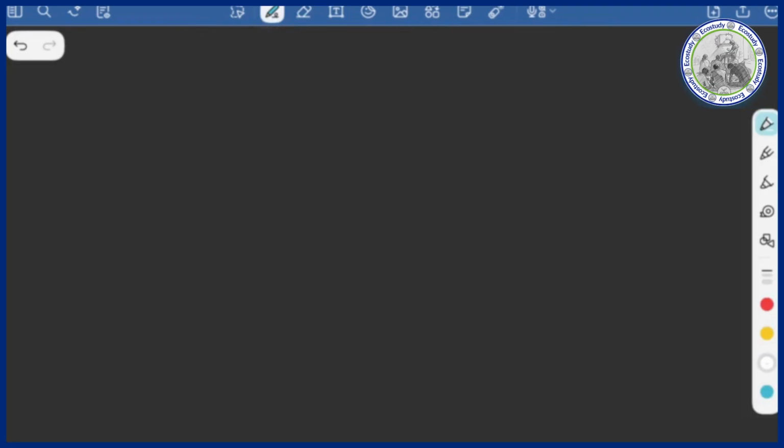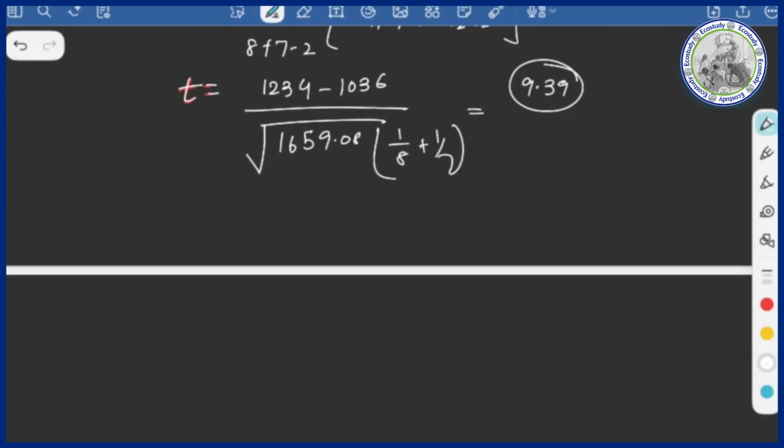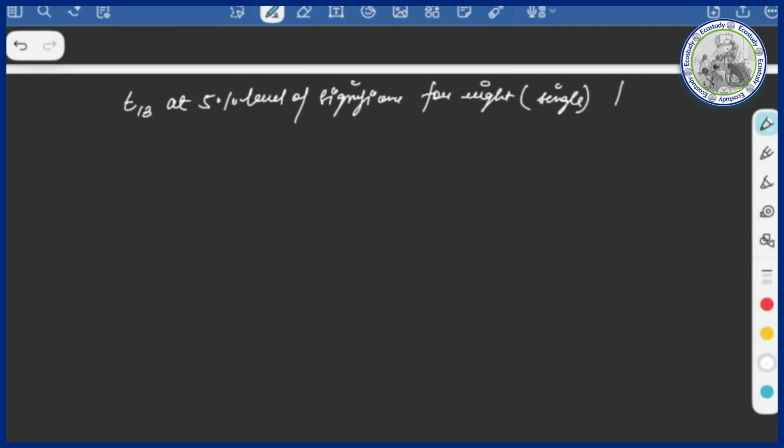Okay, so now we will test at the 5% level of significance. T13 at 5% level of significance for right single tail test is 1.77.